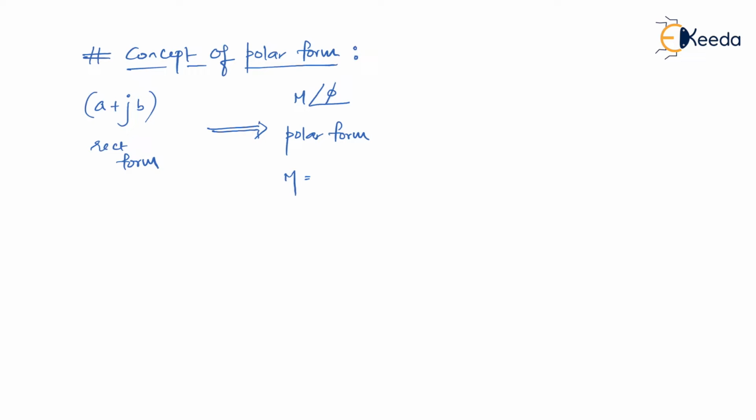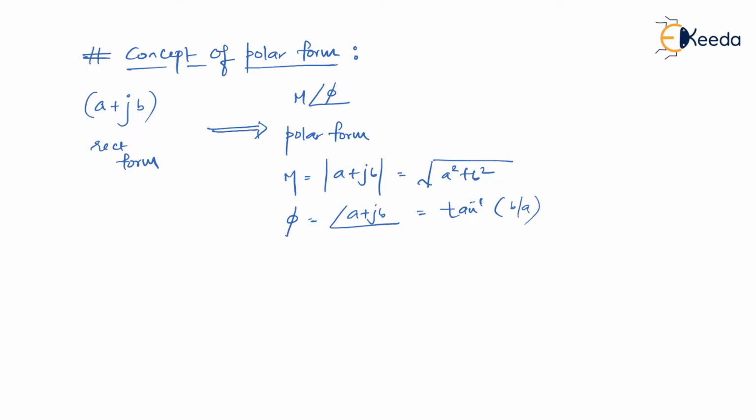M is the magnitude of A plus JB, which is the square root of real part square plus imaginary part square. So it is the square root of A square plus B square. And whenever we calculate phase, it is the angle of A plus JB, which is generally given as tan inverse of imaginary upon real, which is B by A. I hope you are clear with this.